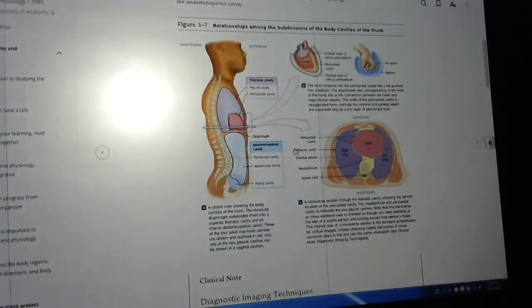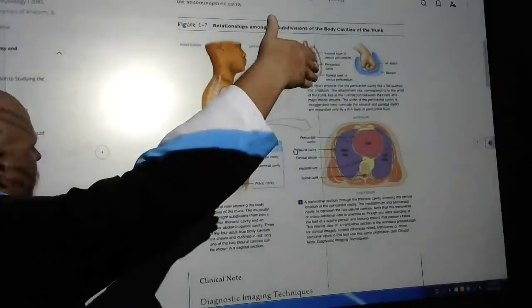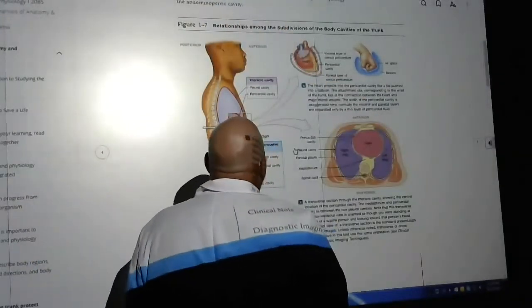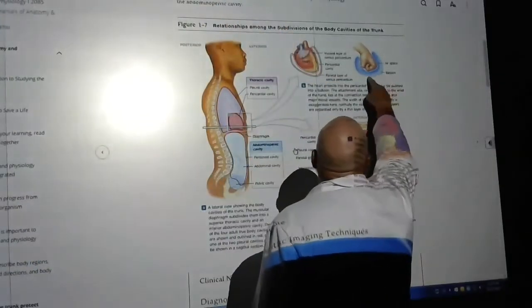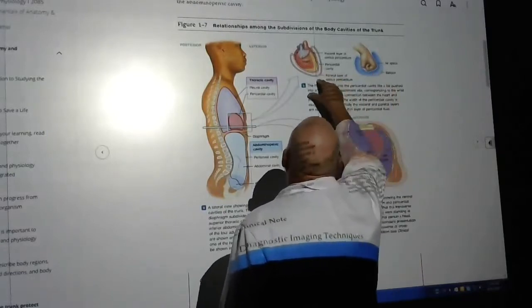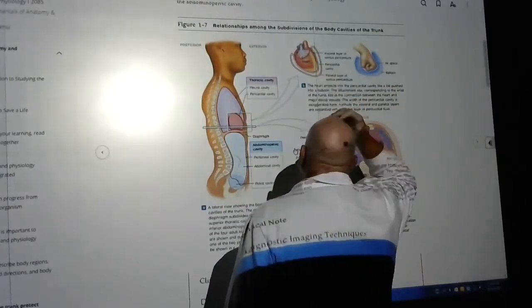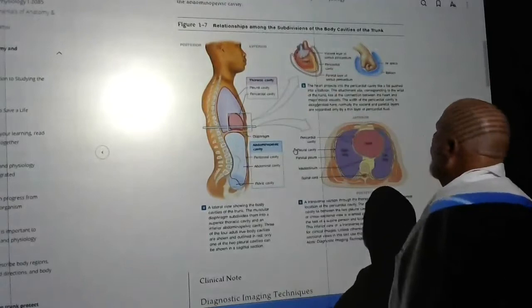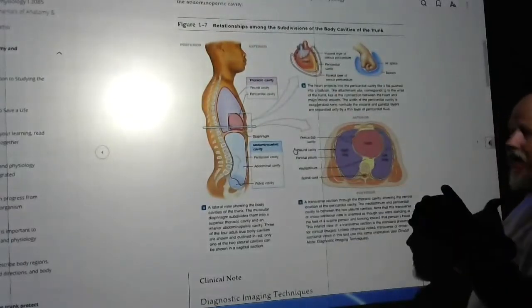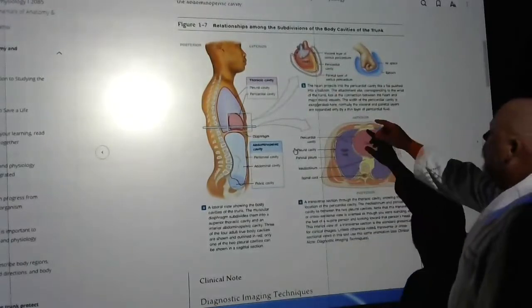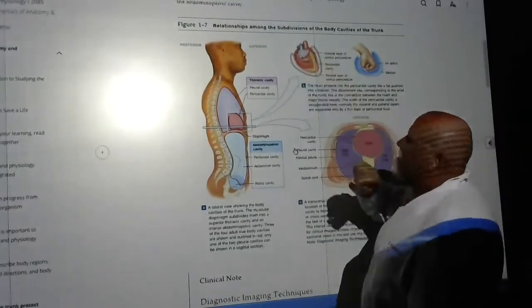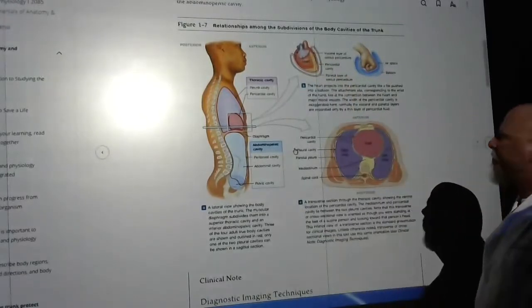The parietal layer is what's on the wall. So, parietal and visceral. And of course, there's our pericardial sac. Some of you have seen this in our ER stuff right now, this is what will fill up with blood and cause the heart to not work well, or not at all.